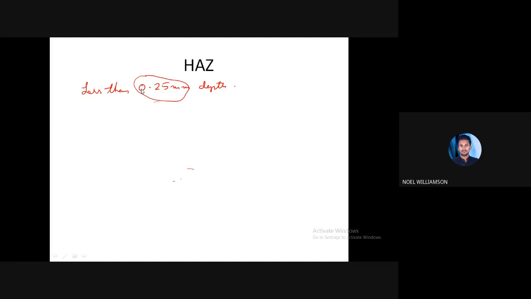When the metal is heated, it melts, and some portion of the metal will be vaporized and some portion may be removed through some other mechanism. Until then, a small amount of material will stick back to the surface and form a white layer, or the recast layer. So it may affect the quality of the surface.